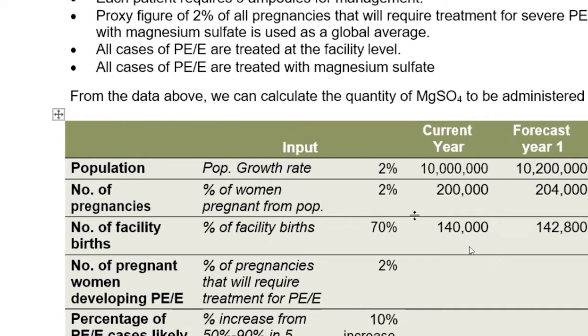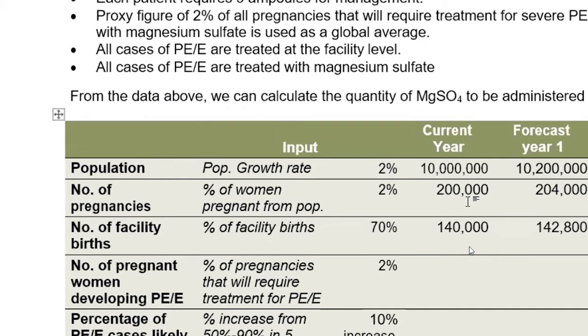No, sir, I just want you to help me understand how you arrived at 140,000, the procedure, because I didn't get you properly. Okay, we are saying not all women who fall pregnant are going to give birth in a health facility, because magnesium sulfate will only be used in those who attend the hospital.